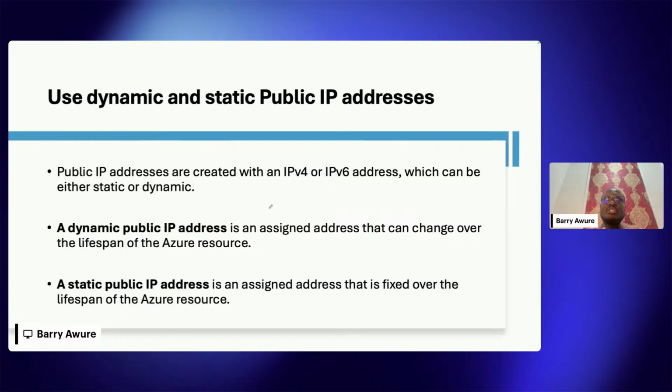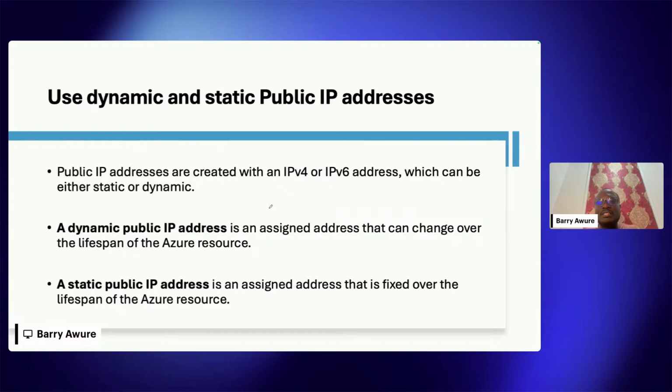If you delete that resource, that IP address is freed up for any of your other resources to use if you still want to continue using the public IP address. Dynamic IP address is such that you can automatically assign, but your static public IP address is attached to a certain resource.